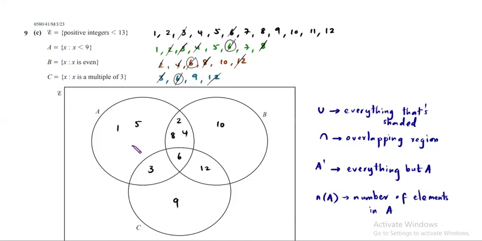Checking the numbers: 1, 2, 3, 4, 5, 6, 7, 8, 9, 10, and 12 are written, but we haven't written 11. That is the number that goes outside the circles. This is how we should complete the Venn diagram.